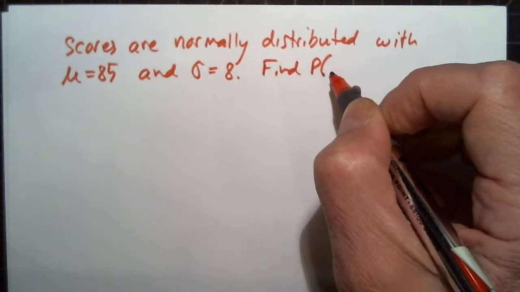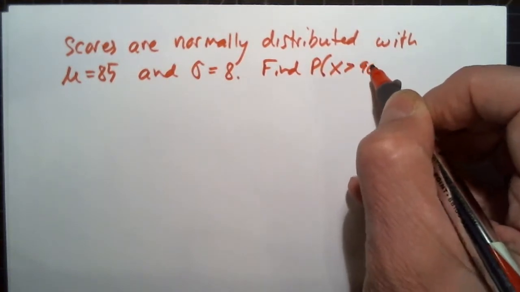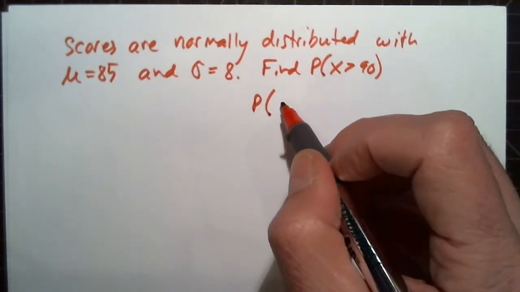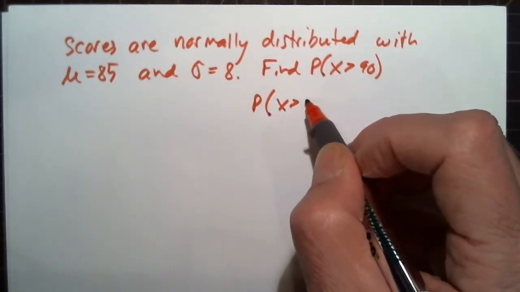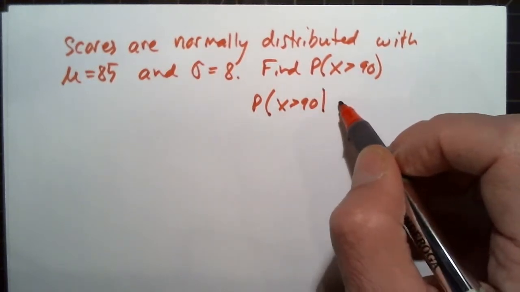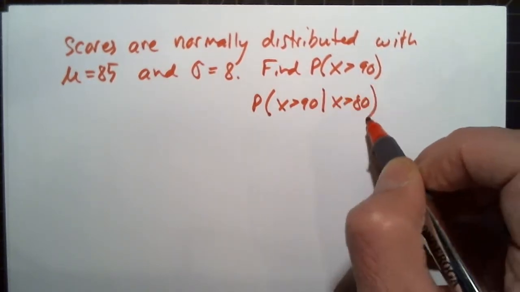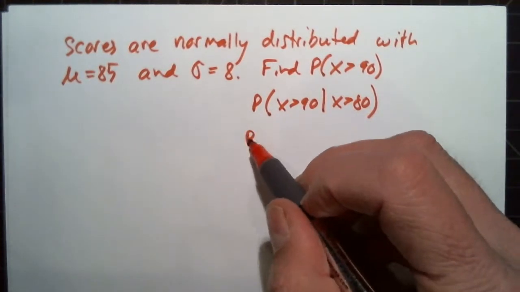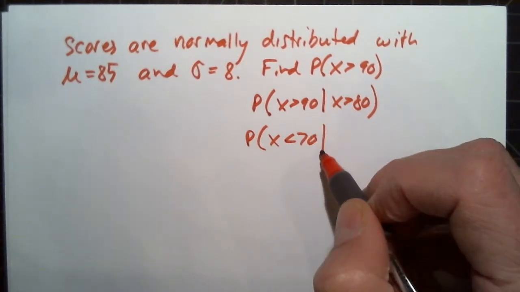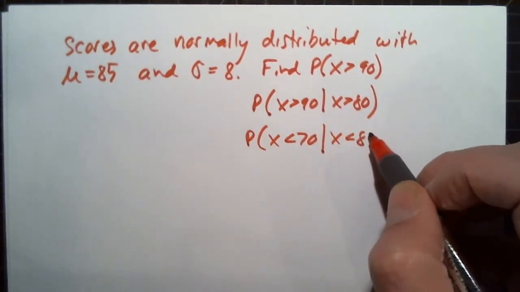Find the probability that x is greater than 90. Find the probability that x is greater than 90 given x is greater than 80. Find the probability that x is less than 70 given x is less than 80.